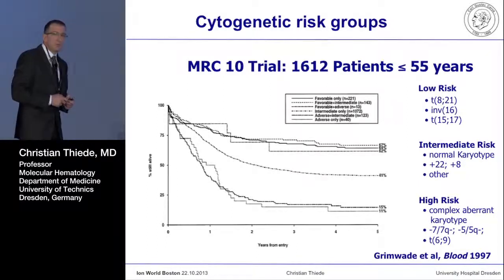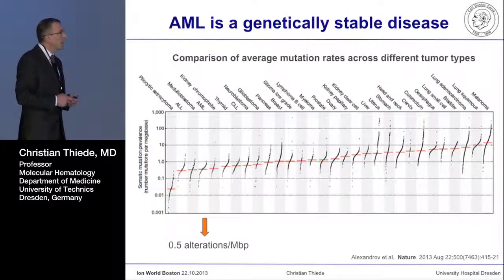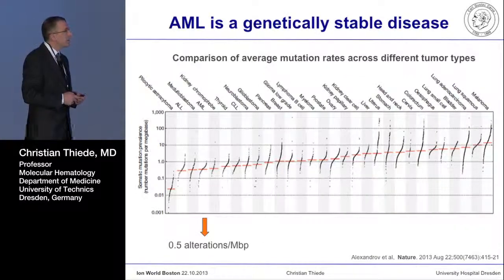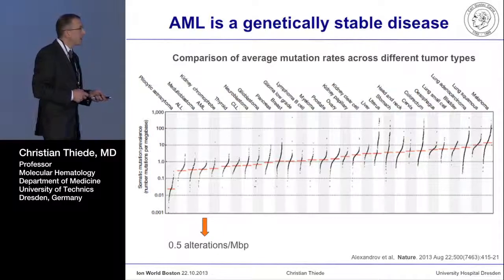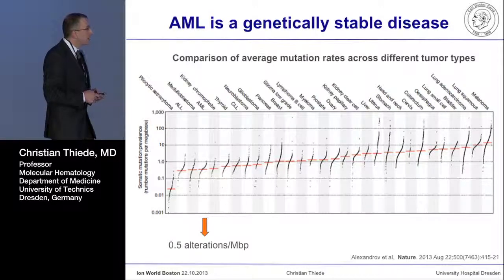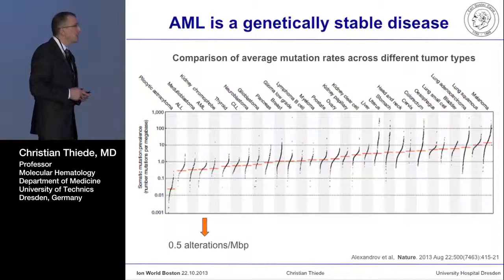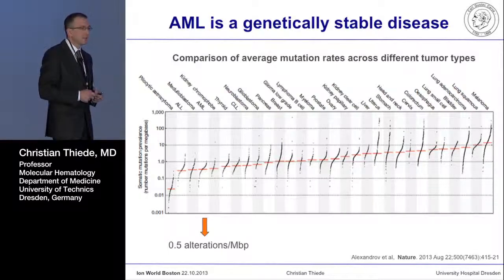With the more comprehensive analysis method of next-generation sequencing, we meanwhile learned that we have a number of abnormalities in AML. And in AML, we are on the lucky side. AML is actually a disease which is quite genetically stable compared, for example, to many solid tumors, which have at least 10 to 100 times more alterations per megabase.